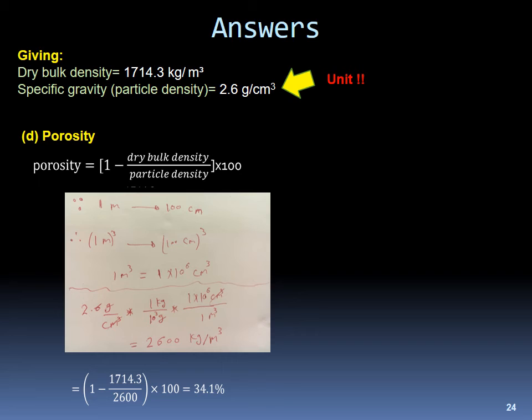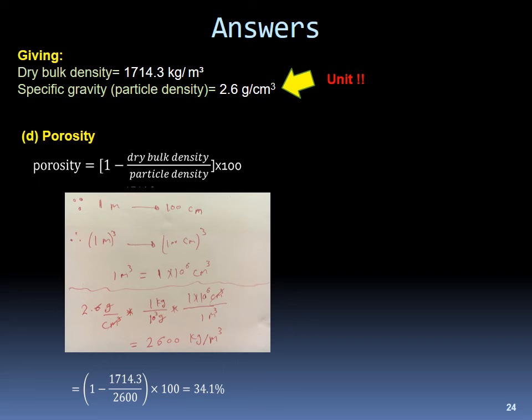You don't have to memorize things, just use your basics and your understanding. So then you will get that 1 meter cube has a million centimeter cube. Then you just put 2.6 and the unit, and you cancel the unit.